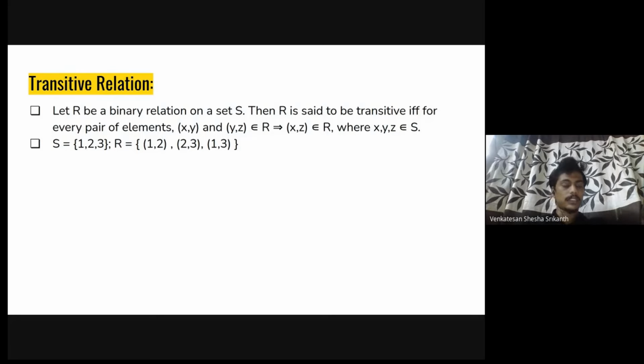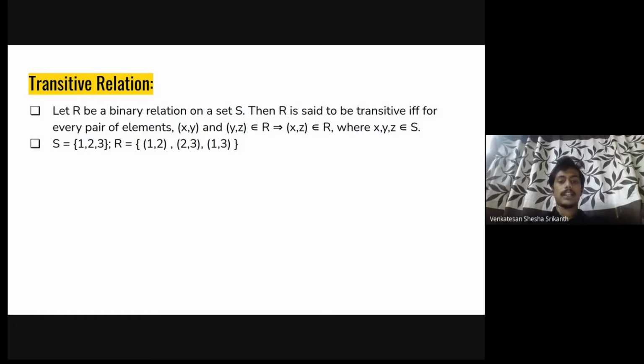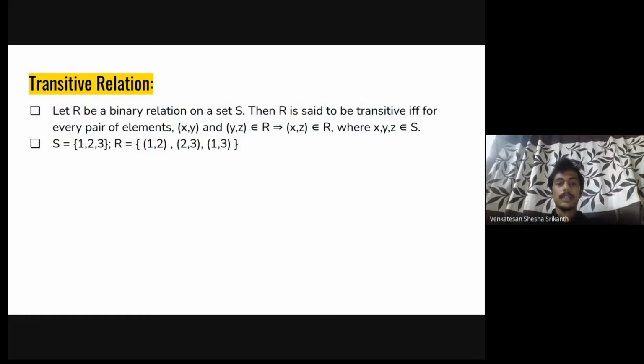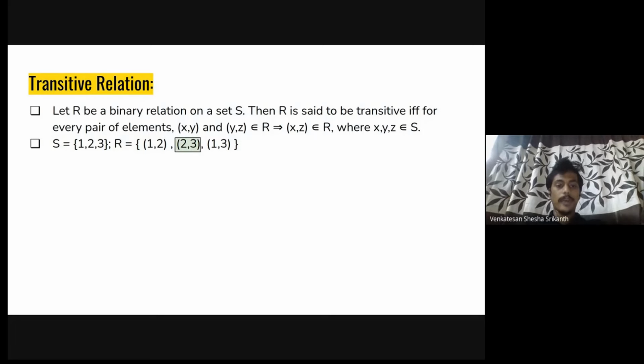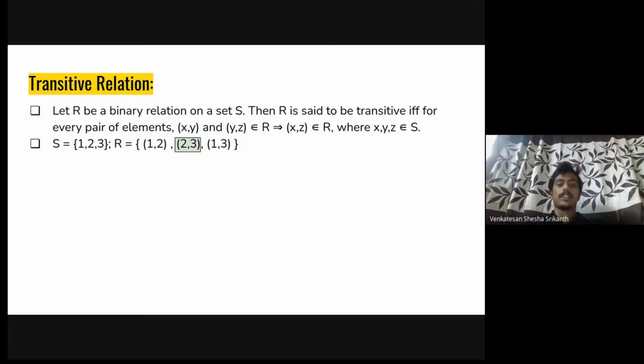So here is one small example. If my set S is {1, 2, 3}, and I define a relation R containing elements (1, 2), (2, 3), and (1, 3). Here there is an element (1, 2) and another element (2, 3), which is of the form (x, y) and (y, z). So here my x is 1, y is 2, and z is 3.